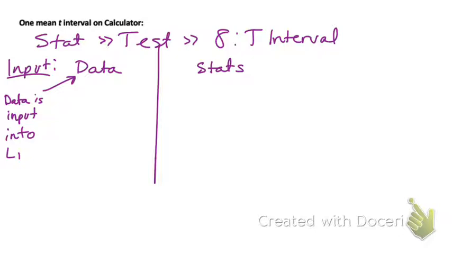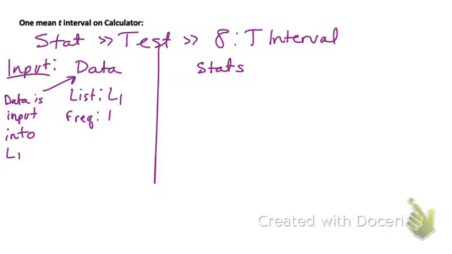So if you are given individual data in the problem, you probably are going to be using the data option. Now, if you're on the data option, it then asks you, where's your list? Well, obviously, you should have already put it into L1 if you're on this screen. It asks you what's your frequency. You're just always going to leave that at 1. We're never going to change that. In these problems, we just use it one time.